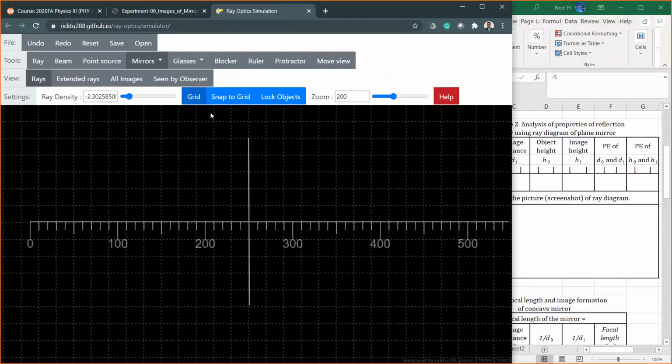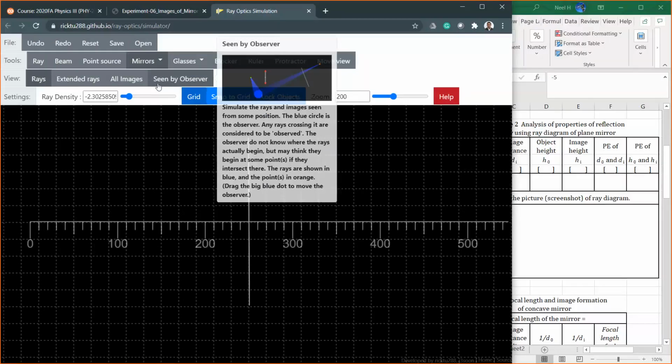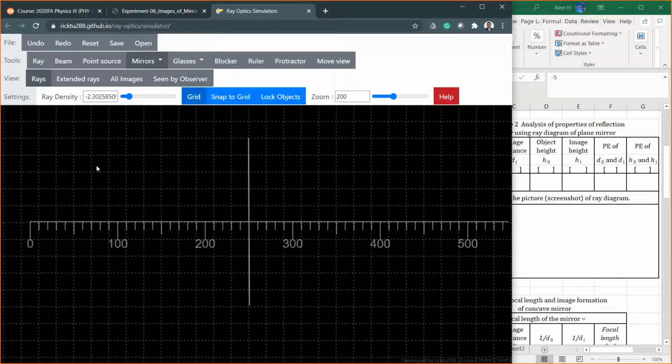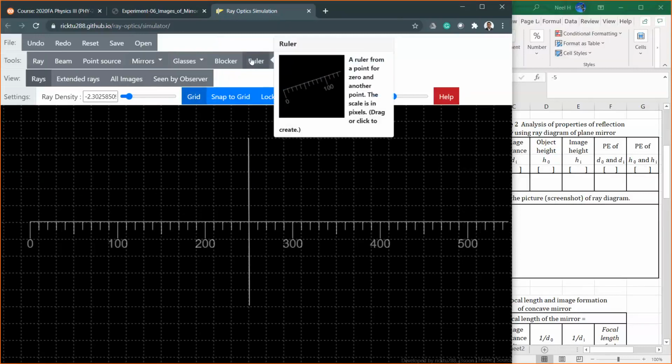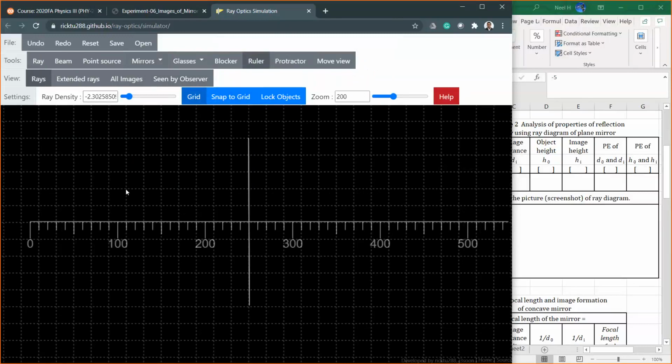Let's draw an object. There's no other way to particularly draw the object in this simulator. Therefore, let's draw the object using a ruler. So let's draw a small ruler right here, about the size of maybe 2 or 3 squares.